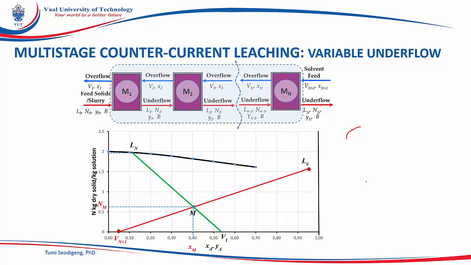The coordinates nm and xm can be calculated from equations 8, 9, and 10, and the position of M can be located on the operating diagram as shown here.